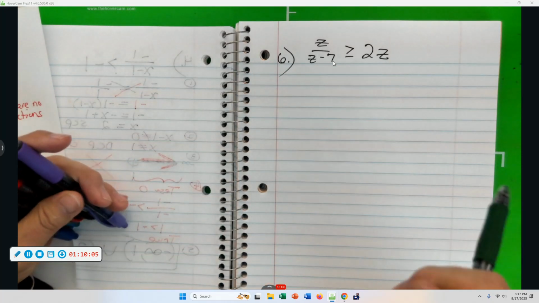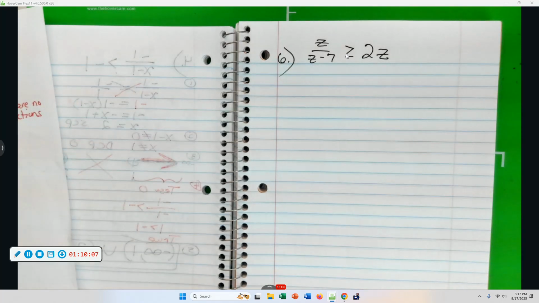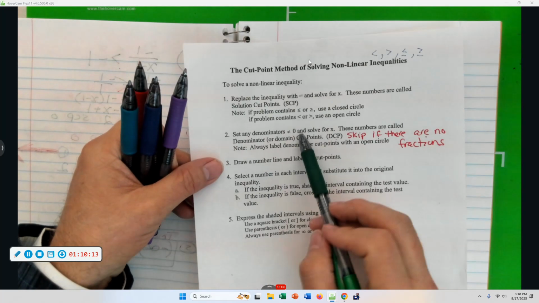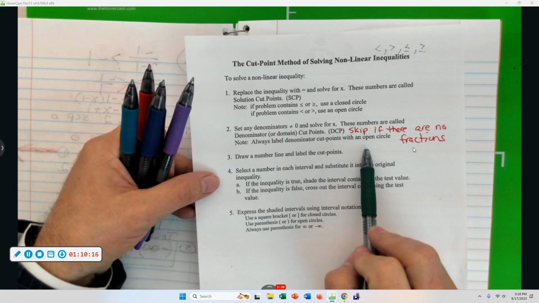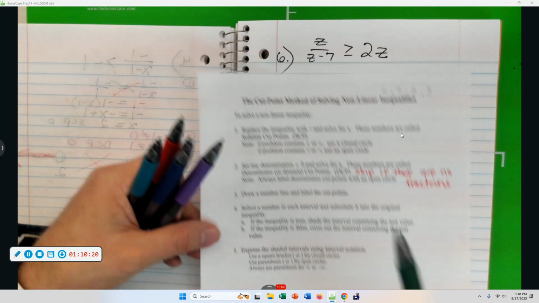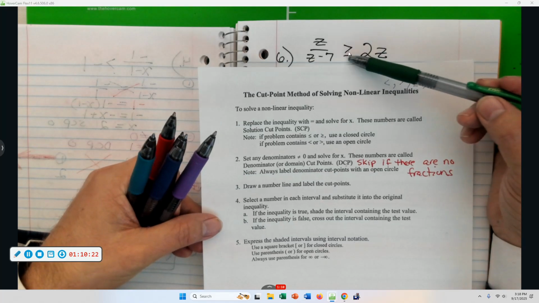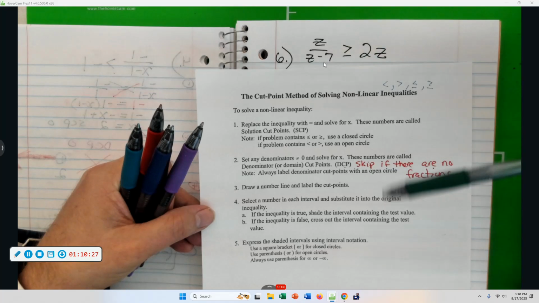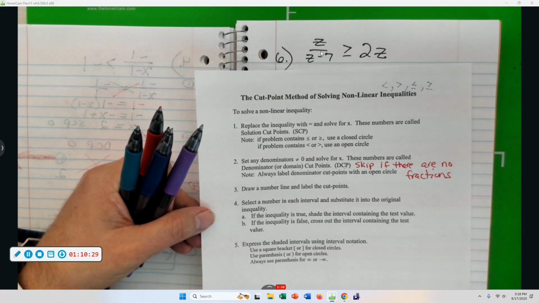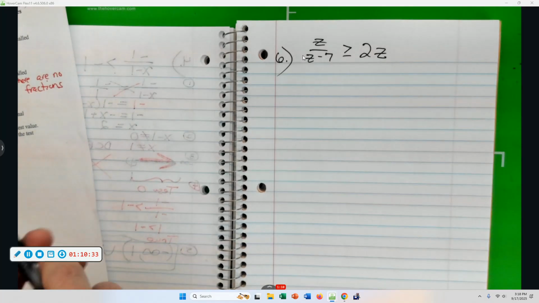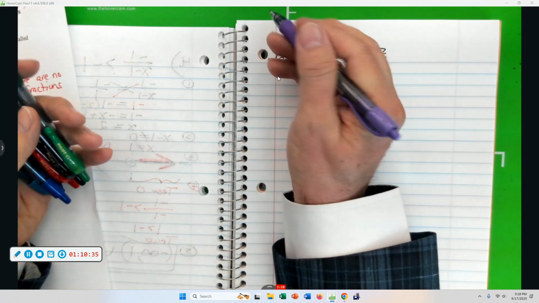Yes, because denominator cut points are always open. You never want a denominator of 0. So this time we're going to have both: the closed circles from the solution cut points, and the open circle from the denominator cut point. Let's just go one step at a time.